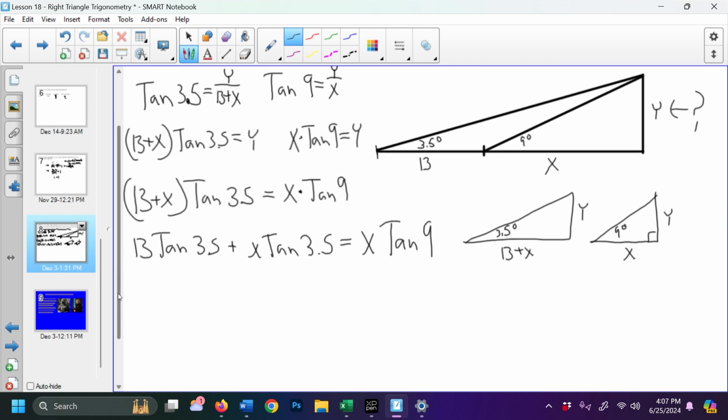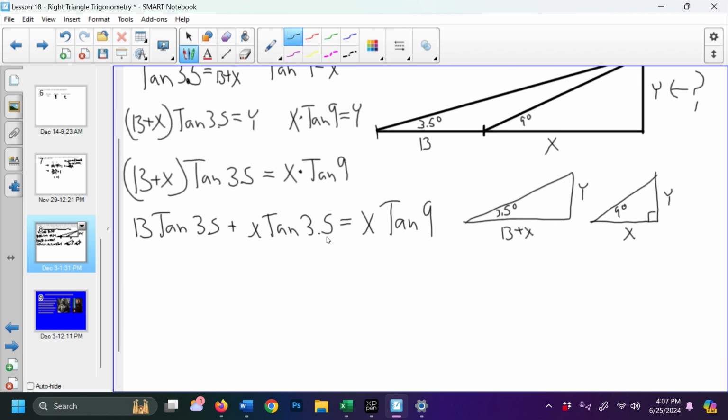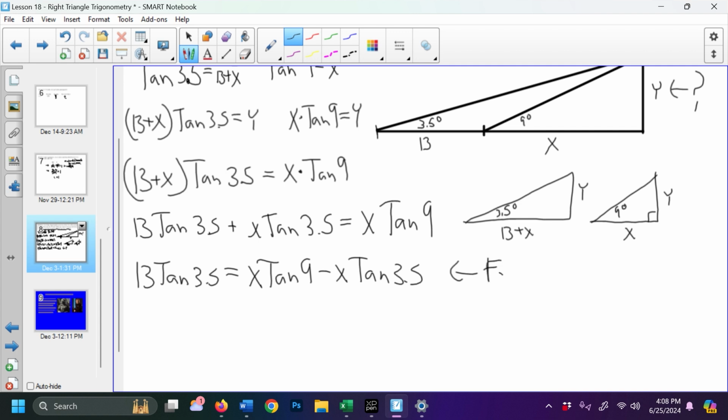And then I am going to subtract this x tangent 3.5 from both sides. That'll give me 13 tangent 3.5 is equal to x tangent 9 minus x tangent 3.5. Now this, again, I can calculate it. I can put 13 times tangent 3.5 into the calculator. It's done. I still don't know what x is. So here, I will factor out an x.